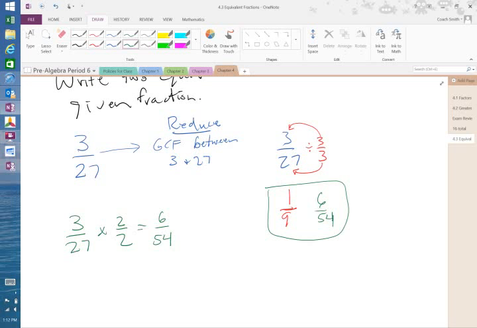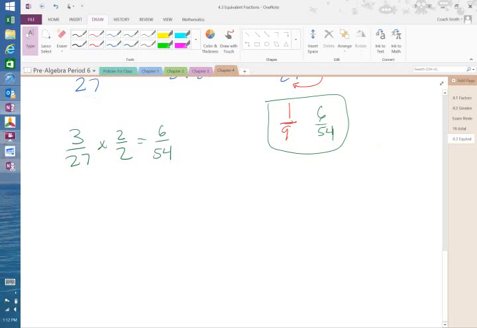Okay? I'm not increasing this by 3 over 3. I'm not using what I reduced it by to increase it by that. I'm using 2 over 2. Unless the fraction won't reduce. For example, this fraction here, let's go 5/8.